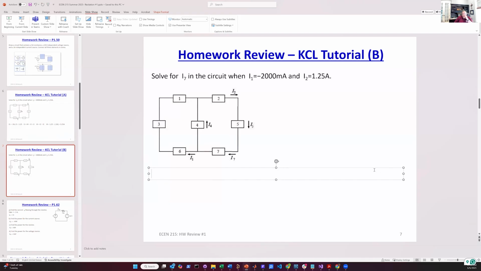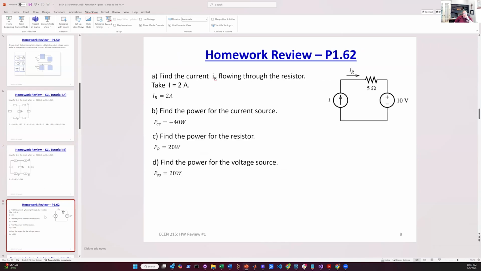And I7 is equal to I5, which is equal to I2, which is equal to 1.25 amps. This is the same current. All right, the next one: we were asked to find IR flowing through the resistor.